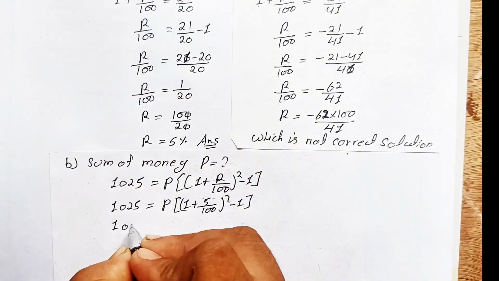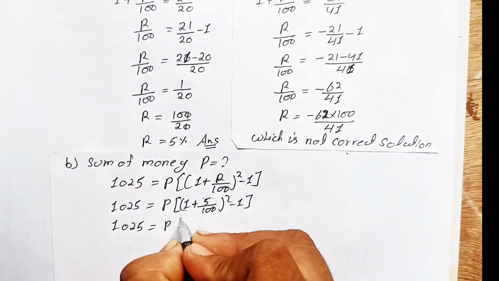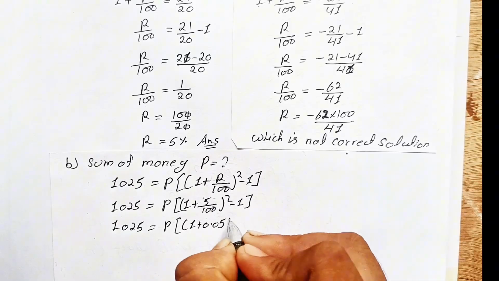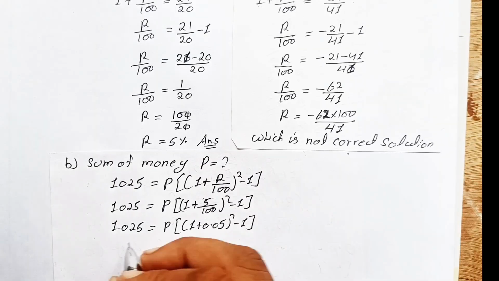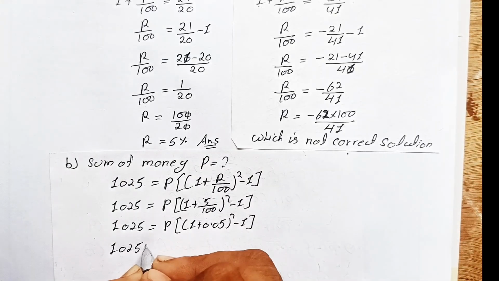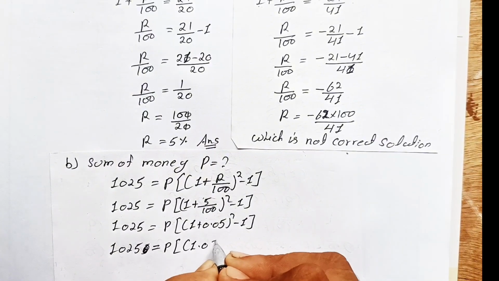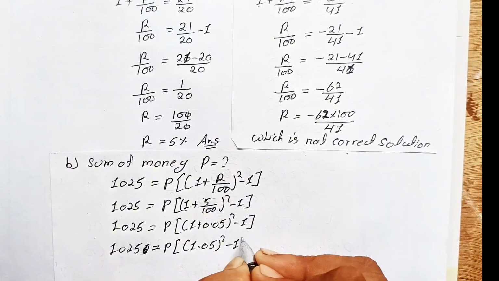So here 1025 equals p times (1 plus 0.05) power 2 minus 1. 1025 equals p times (1 plus 0.05) square minus 1.